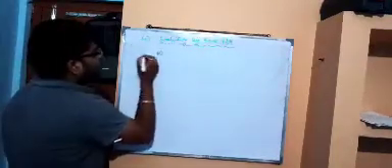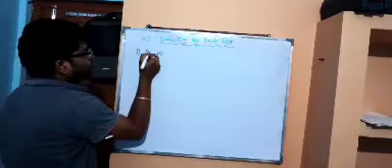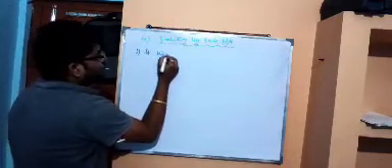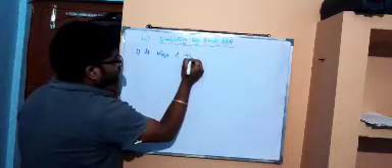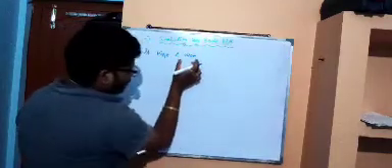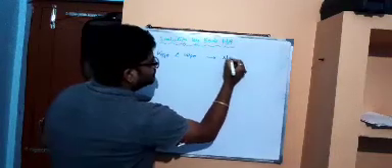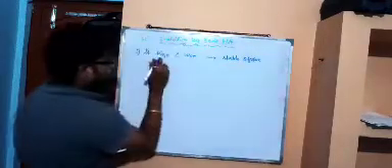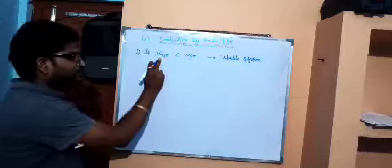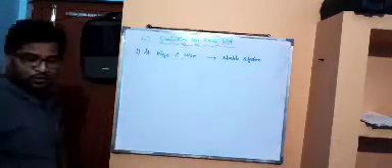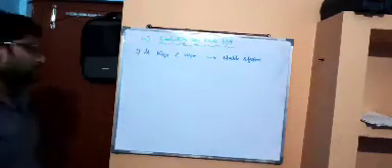Related to stability: if the gain crossover frequency is less than omega PC, the phase crossover frequency, it is a stable system. Okay, gain crossover frequency is less than phase crossover frequency. So we can make a comment that it's a stable system.